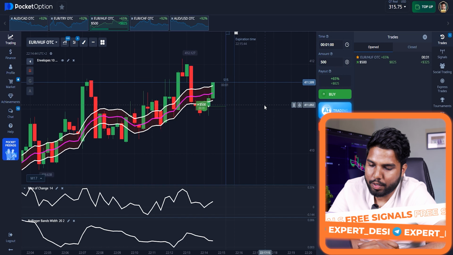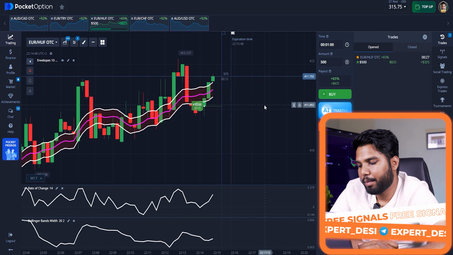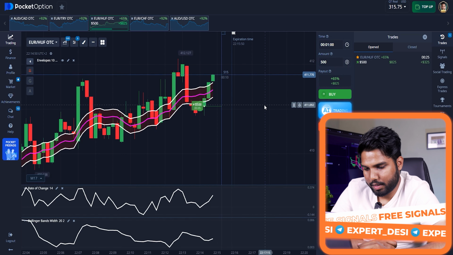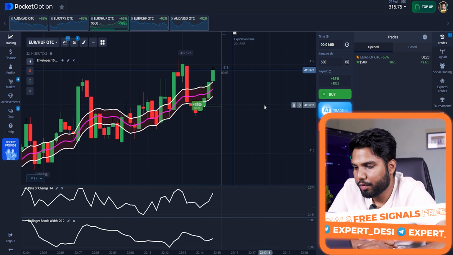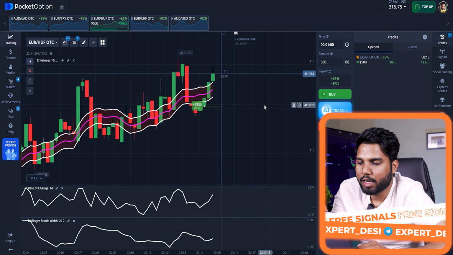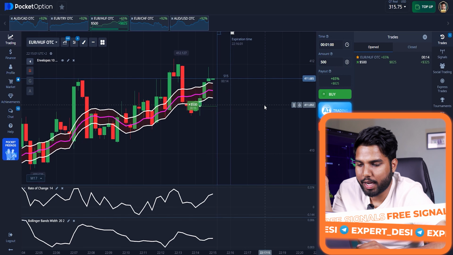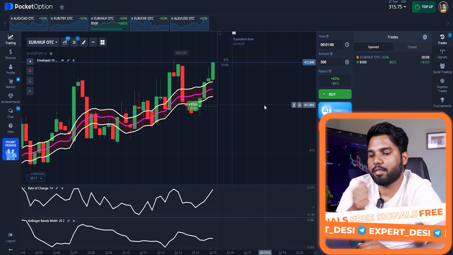The value was low, it wasn't quite high, and same with the Bollinger Bands. The volatility is not so high, not so strong. So we can expect a change in the market, and as you can see the candles are starting to rise, go up, and we just have to wait for 10 more seconds and we can see the result.